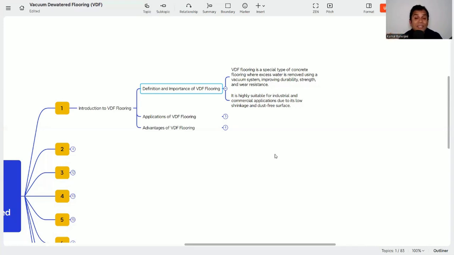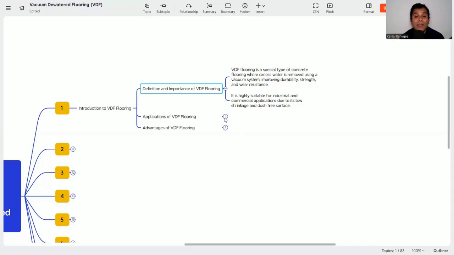But what is the difference between all these types of shrinkage? I have made a detailed video, the link is in the description, please check. But in the VDF, there is a very slim chance of shrinkage, only because we are removing the excessive water by the dewatering process or the vacuum dewatering process. So there is less chance of shrinkage.